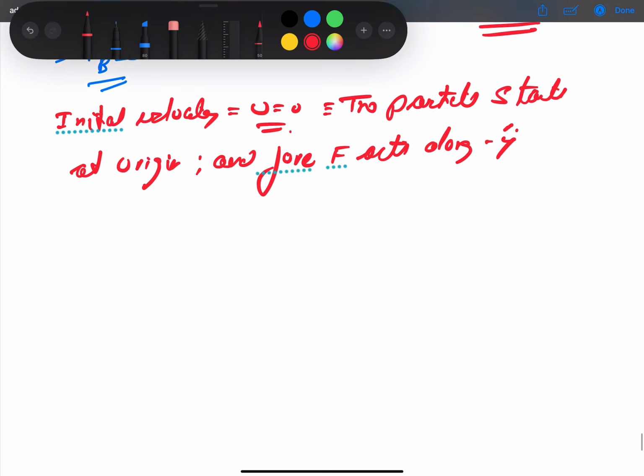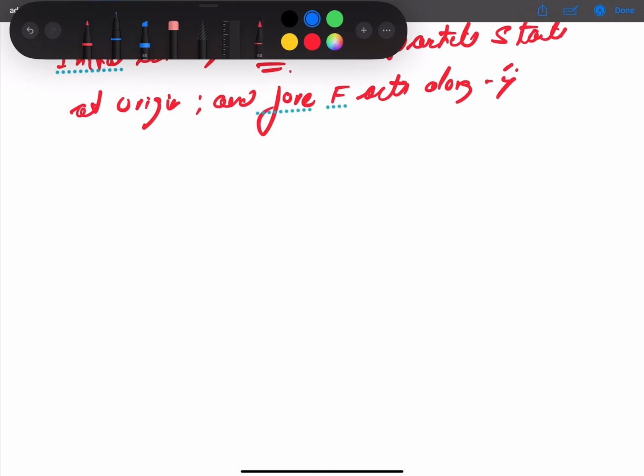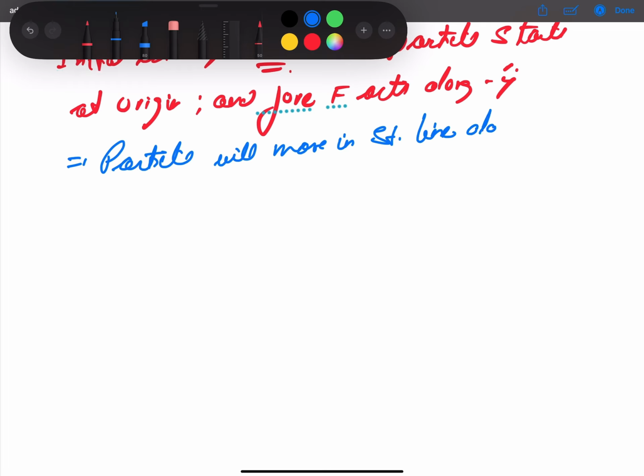So therefore the particle will move in a straight line along minus Y, or we can say the negative Y axis.